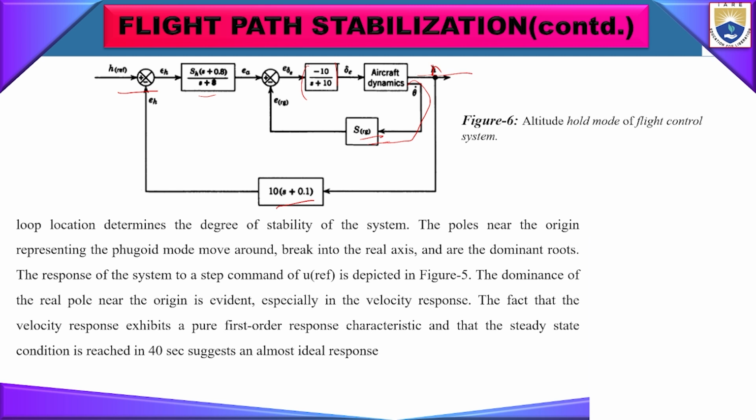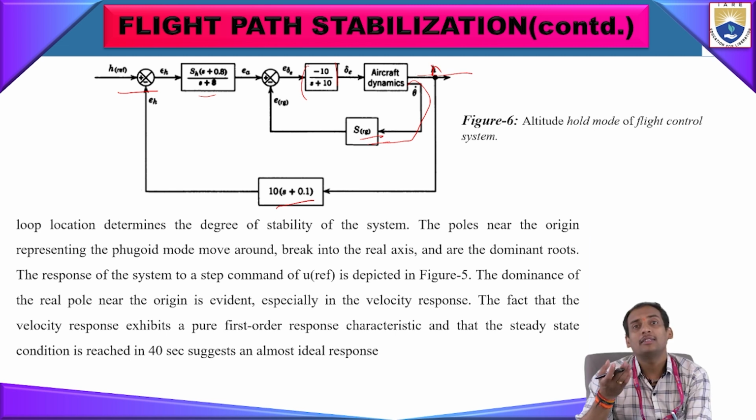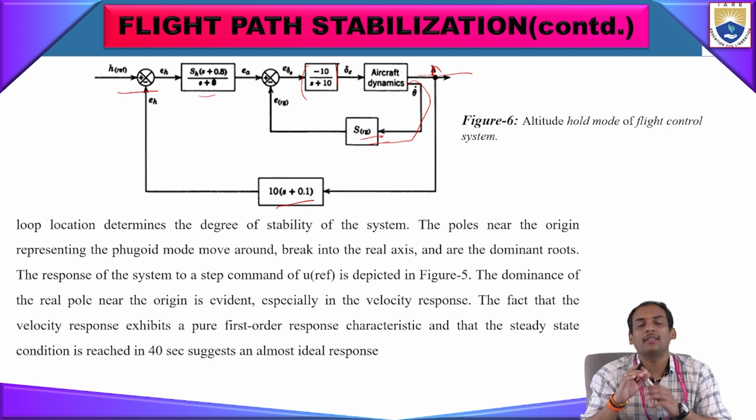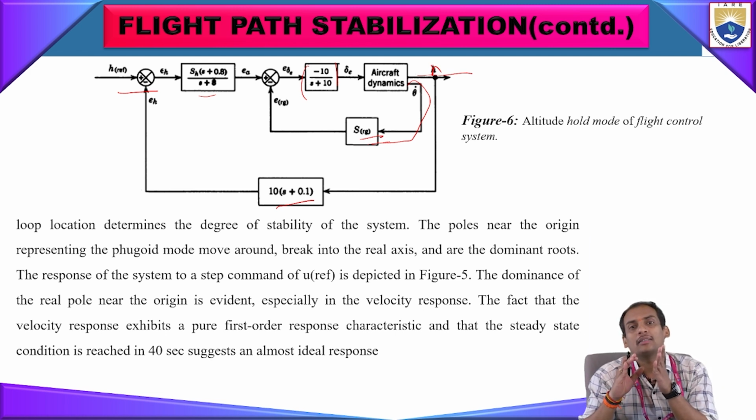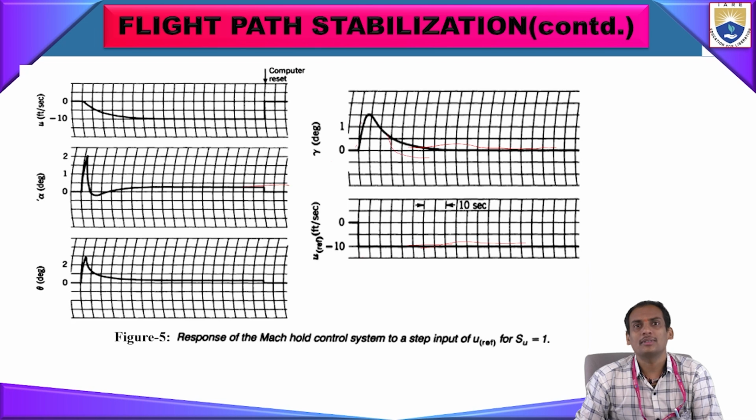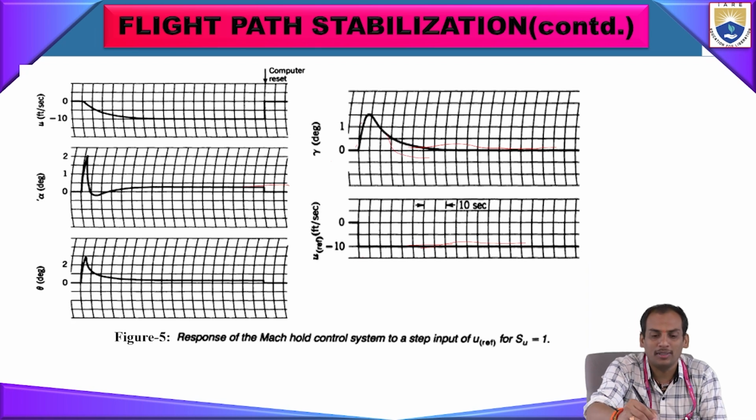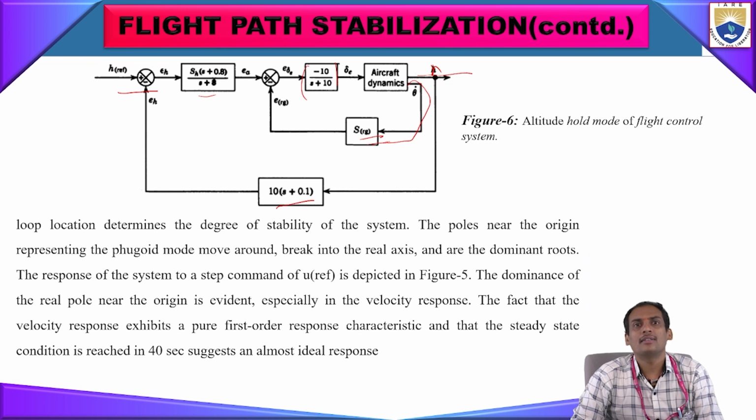If you see the response of the system to a step command u reference, meaning the actual value has to be made equal to the reference value, that has been shown in figure 5. In figure 5, the u reference values have been given. The dominance of real poles near the origin is evident, especially in the velocity response.